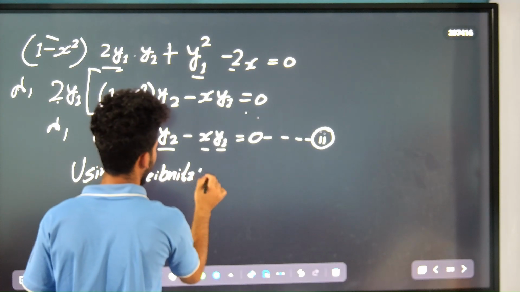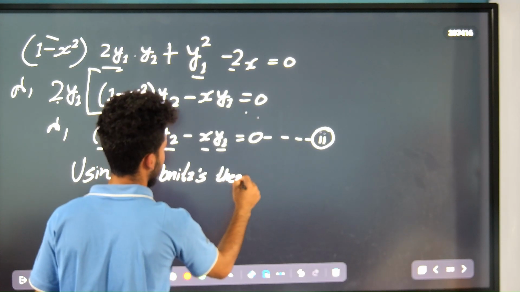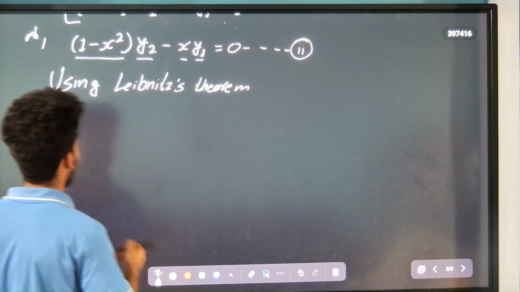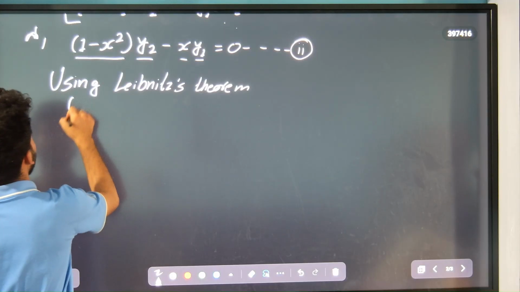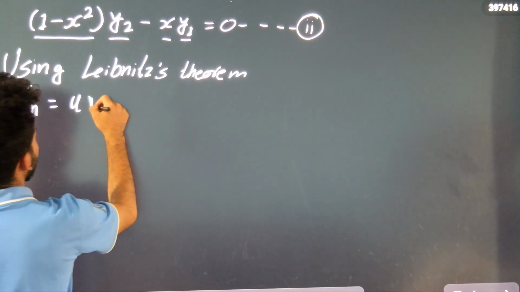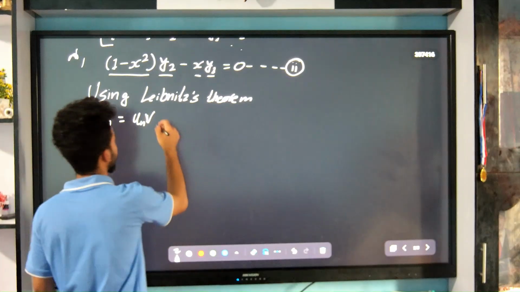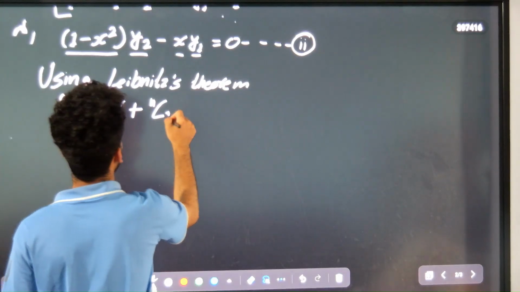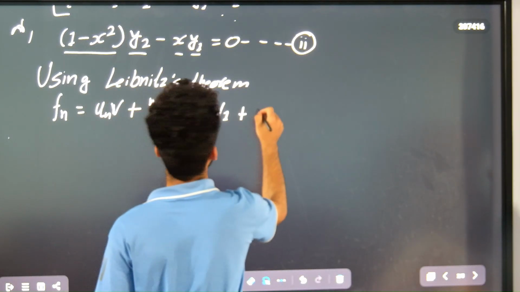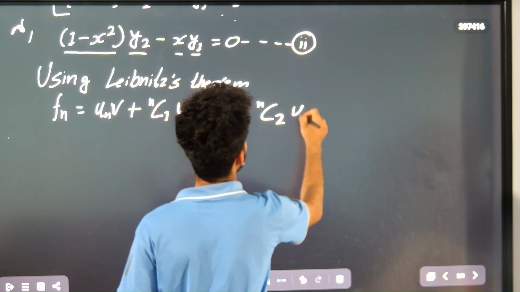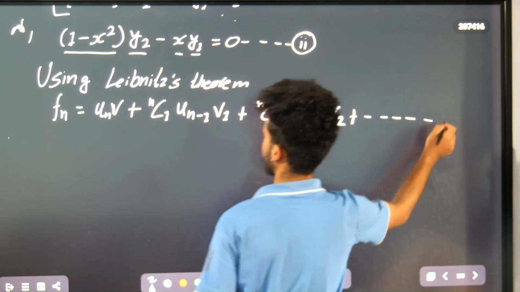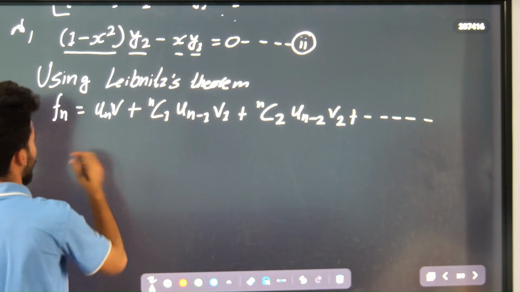So here the formula of the Leibniz theorem is: the nth derivative of u v equals un v plus nC1 un minus 1 v1 plus nC2 un minus 2 v2 plus like that.